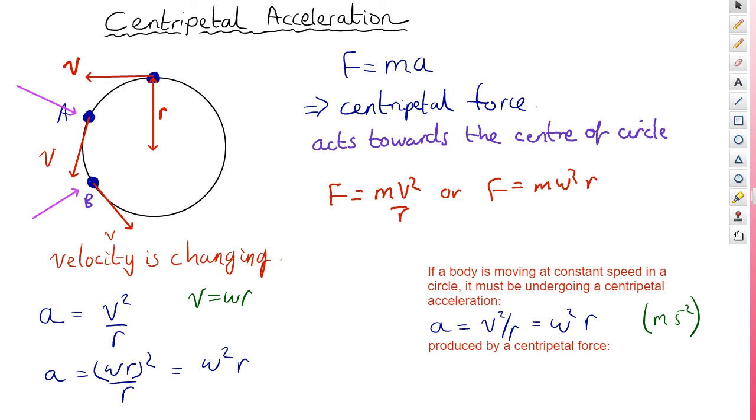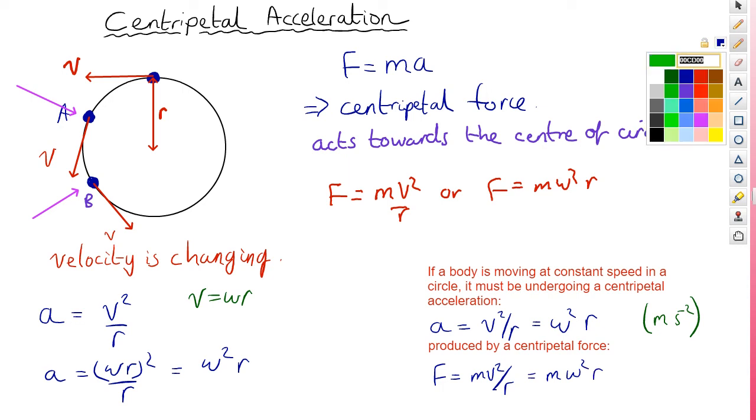The acceleration is v squared over r, and that's produced by a centripetal force equal to F equals mv squared over r, because F equals ma, or m omega squared r. And of course, that's just a normal force. It's just that it acts towards the centre of the circle and makes something go in a circle. And that's why it's called the centripetal force. So it's measured in newtons. So those are the first equations. We're going to use them real soon in the next clip.